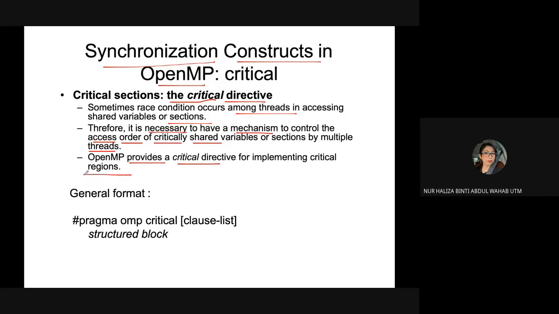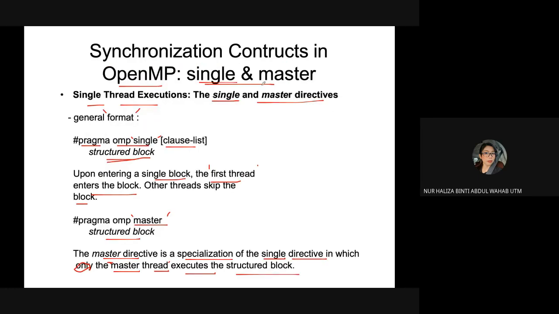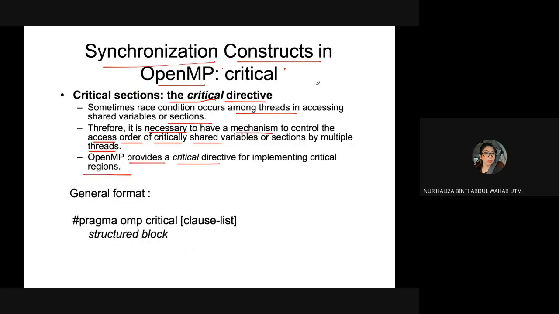When you have the critical directive, you can apply and implement any kind of critical region in your OpenMP. So this is under a critical structure. Instead of having only single and master, you can also have the construct under a critical directive.